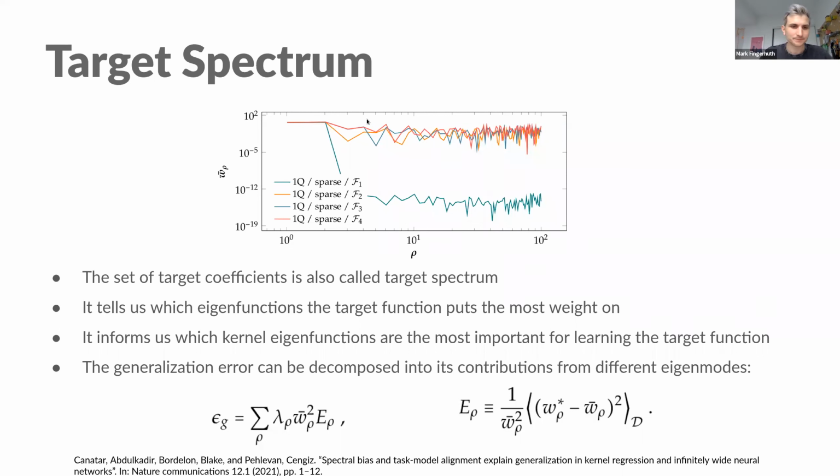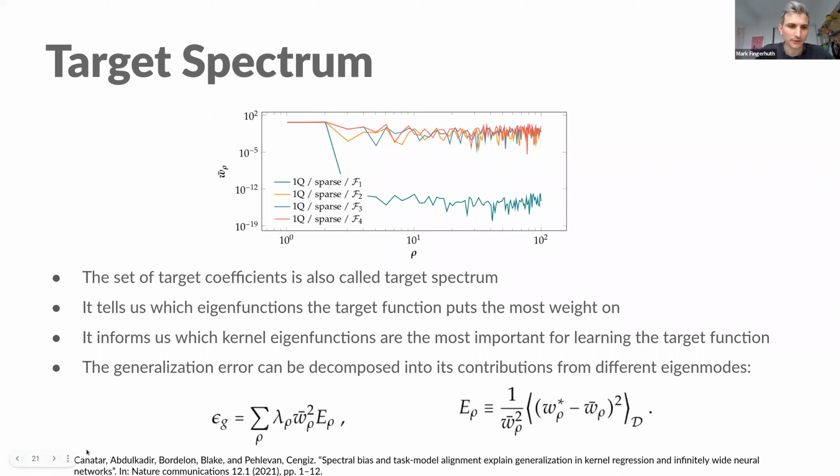This tells us that even summing over all the eigenfunctions of the kernel still doesn't seem to be enough to approximate this target function. We're going to be talking about that in a little more detail, but it essentially informs us which of these kernel eigenfunctions are the most important for learning a particular target function.